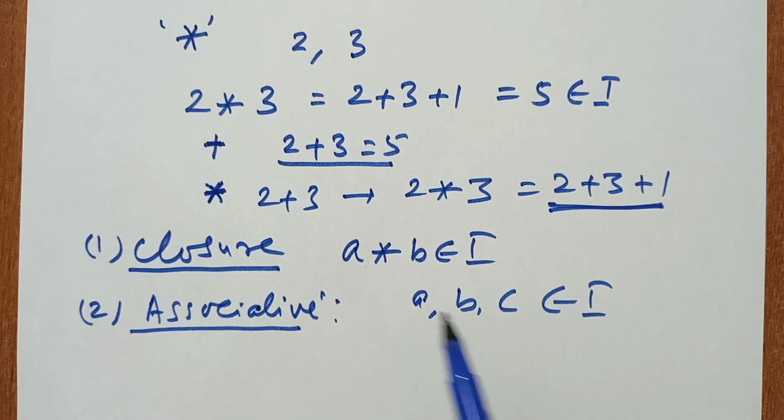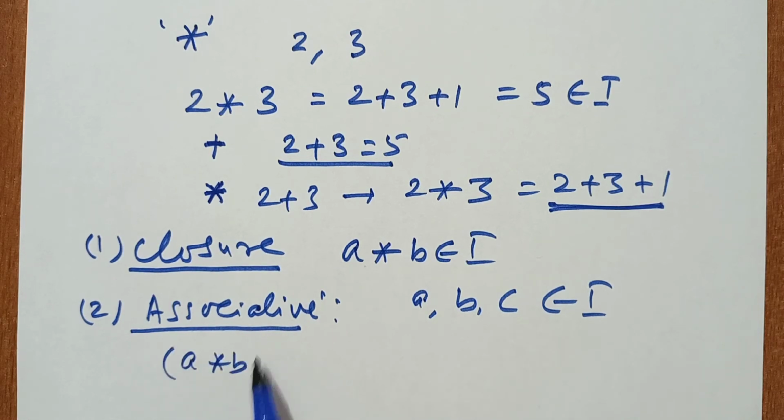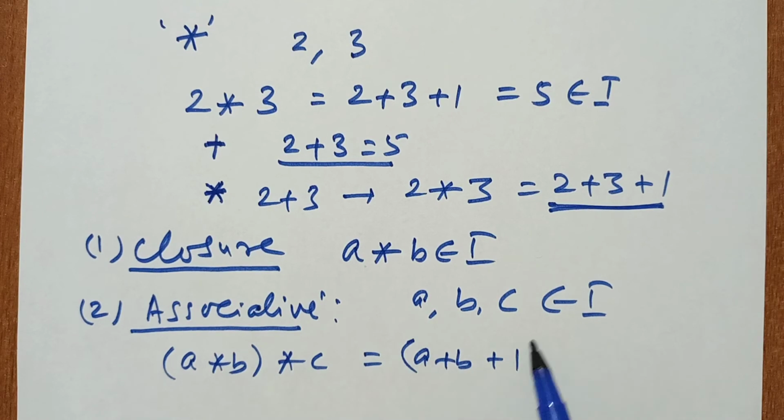On the left side, first you apply the operation to two elements and then the third. On the right side, first you take the operation on the last two elements and then the first. If both are equal, then we say the associative law is satisfied. So now (a star b) star c. a star b is nothing but a plus b plus 1, and this is star c.